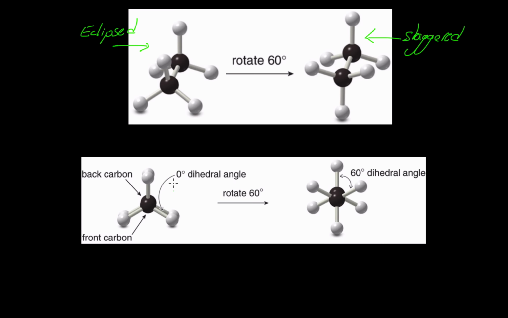Probably you can see it better in this conformation here, where if we are looking straight on one of the carbons, we can see that the dihedral angle between the two CH bonds on the two adjacent carbons is around 0 degrees. However, for the staggered conformation, the dihedral angle between two CH bonds is 60 degrees.